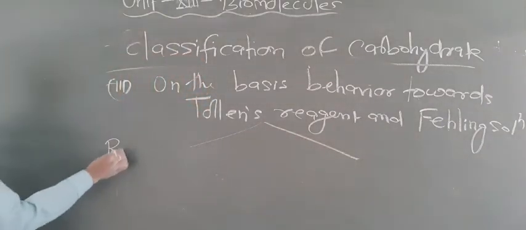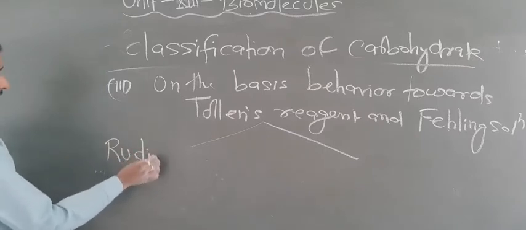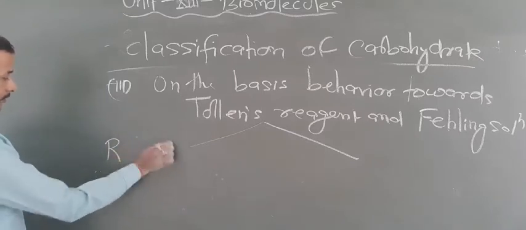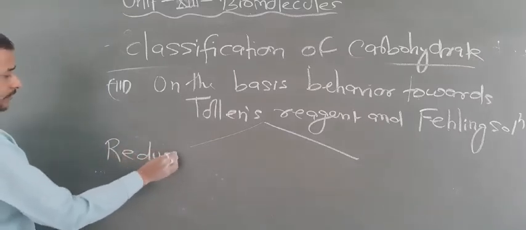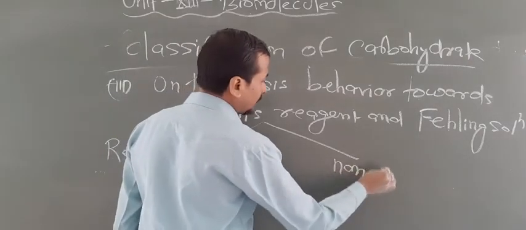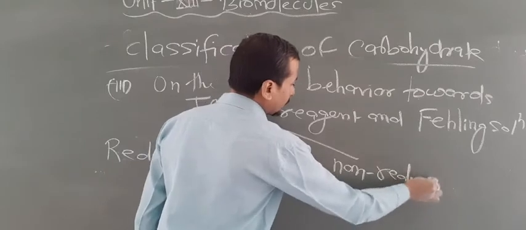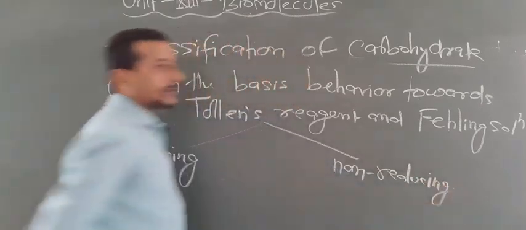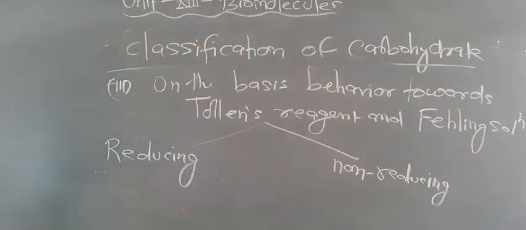One is known as reducing sugar and one is known as non-reducing sugar. How can you differentiate between sugars having the reducing property and the non-reducing property?